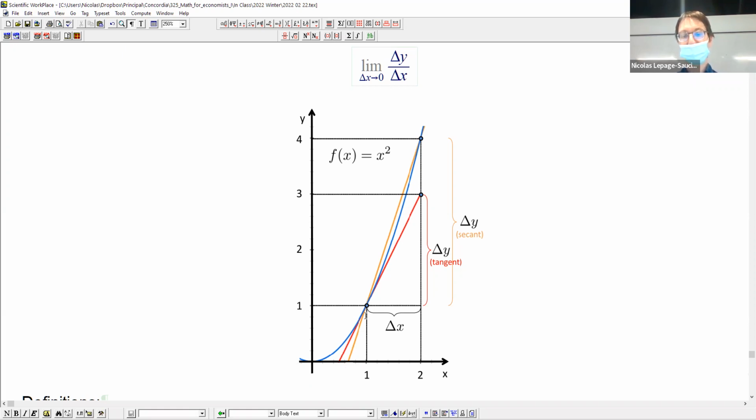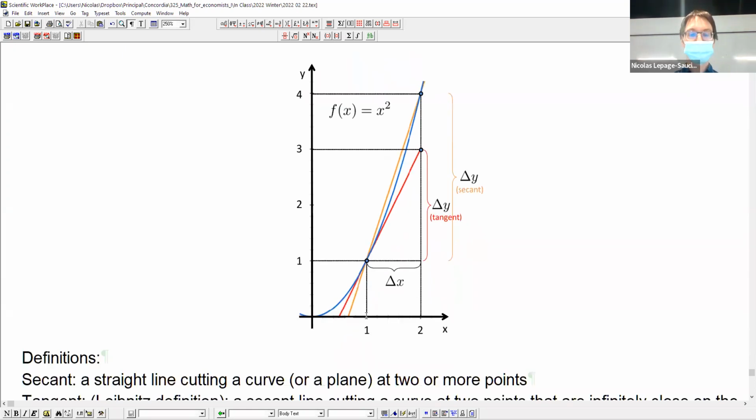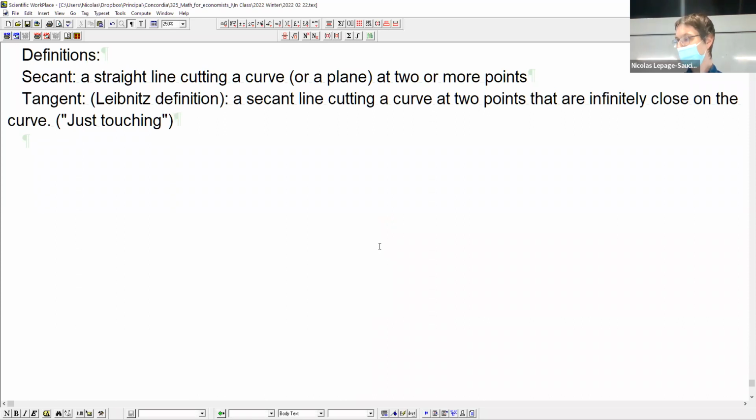So the goal is to take it as small as possible. And here I see that if I take that, then the slope of this tangent line would be 2. All right. Derivative. So no questions? Everything is under control.